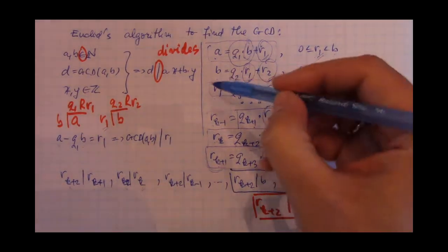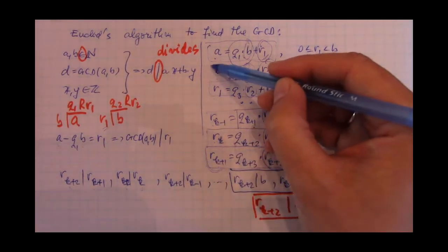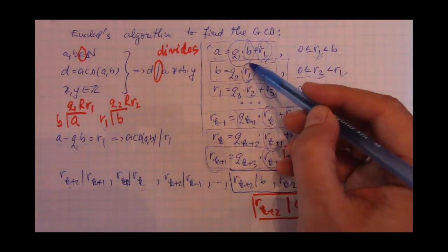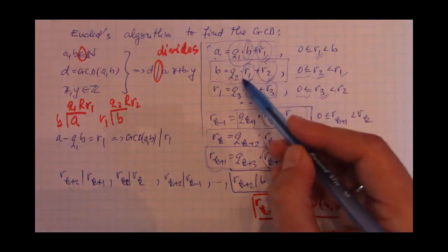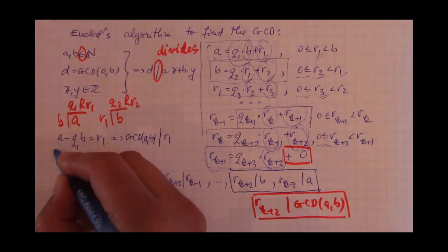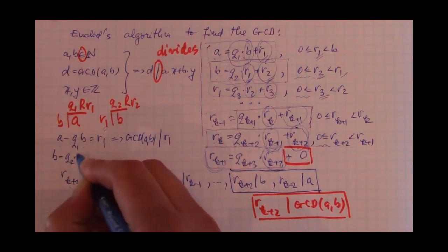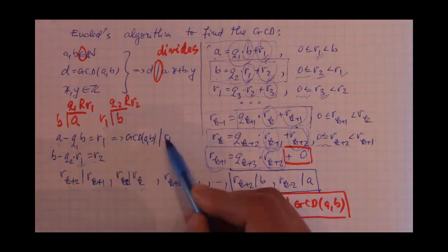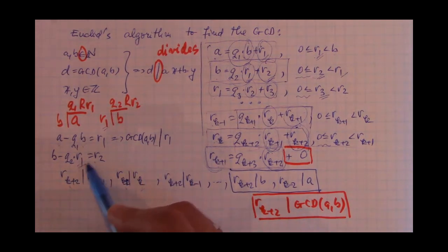Very nice. Let's go back to the second equality here and do the exact same thing as we did with the first one. Let's move q2 times r1 over to the left hand side. So we get b minus q2 times r1 is equal to r2. Now, if we examine the left hand side of this equality, we have r1, and the GCD of a and b divides r1.